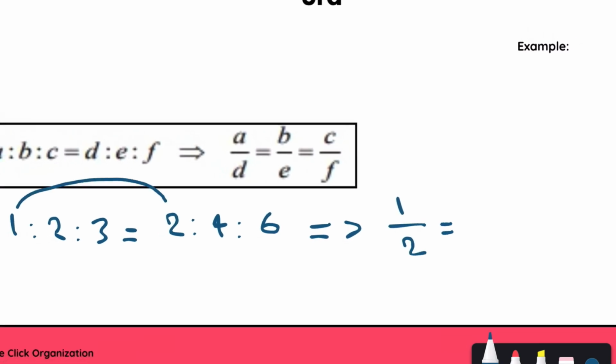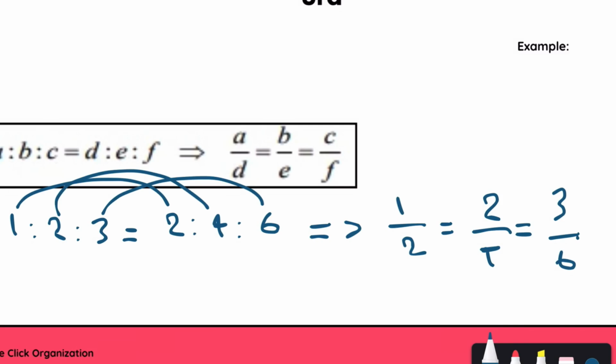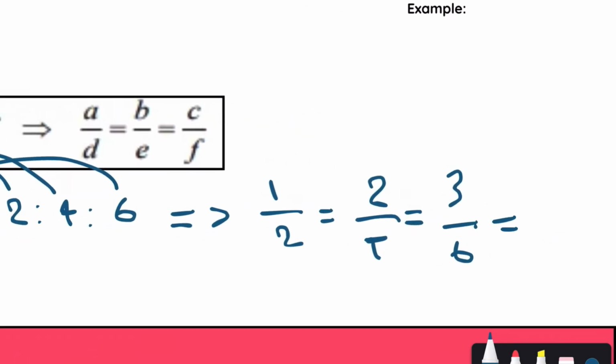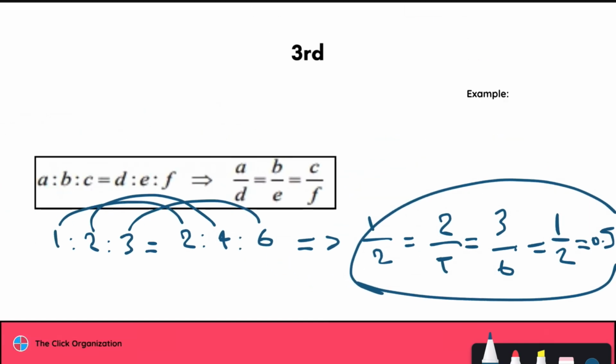So AD, BE, and CF, right? 1/2, 2/4, 3/6, and all of them are equal to 1/2, which is 0.5. Okay, and this is why this property is valid.